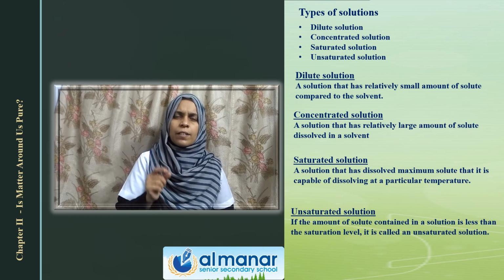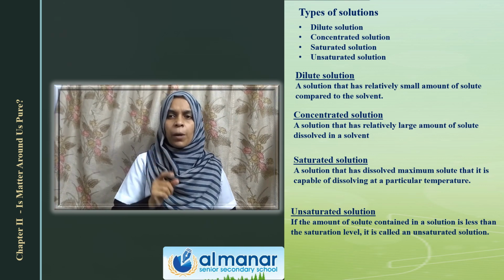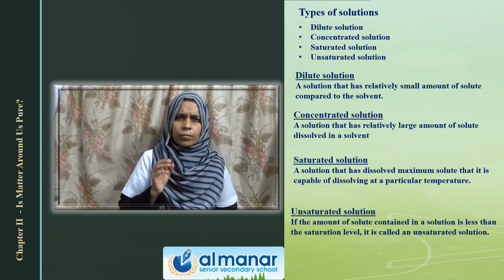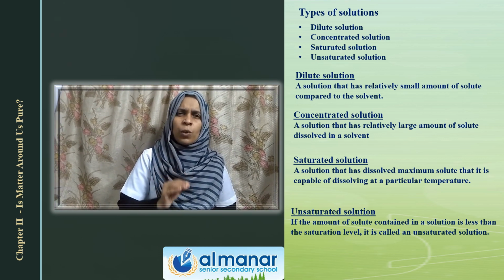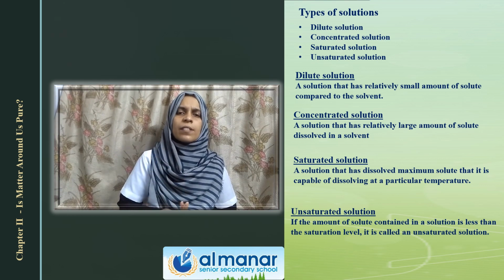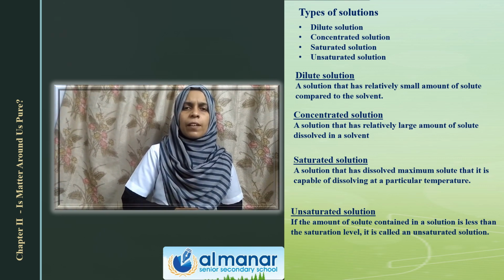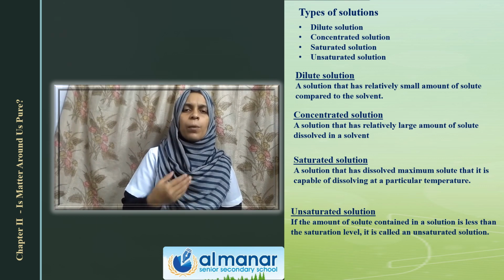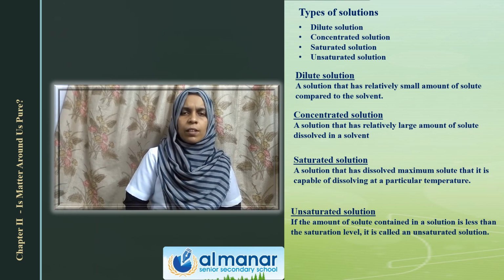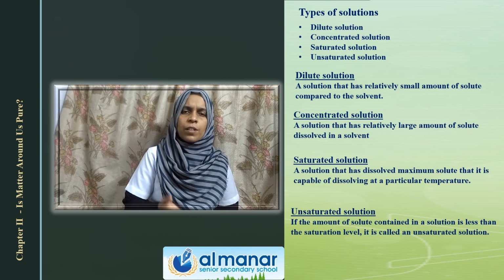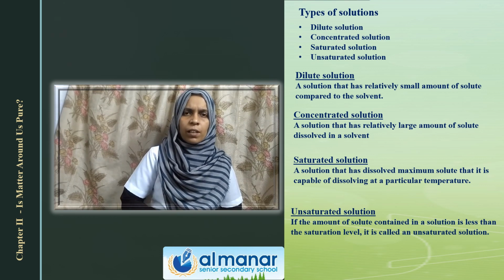If the amount of solute present in a solution has not reached the saturation level, then such a solution can be called an unsaturated solution, or simply we can say a solution that can dissolve more and more solute is known as an unsaturated solution. So I think the types of solutions, dilute, concentrated, saturated and unsaturated, these concepts are clear for you.